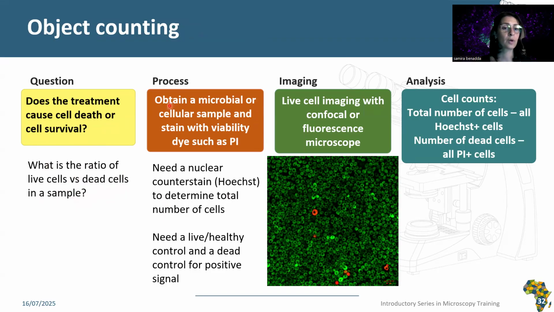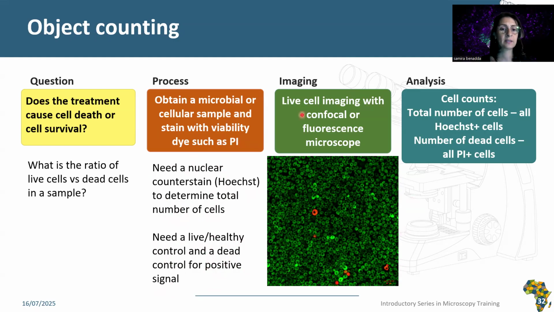So to obtain that, we obtain a microbial or cellular sample and stain with a viability dye such as propidium iodide. And we need another staining to determine the total number of cells, like DAPI, for example. For the live cells, we need a control, and we need a dead control for positive signal.